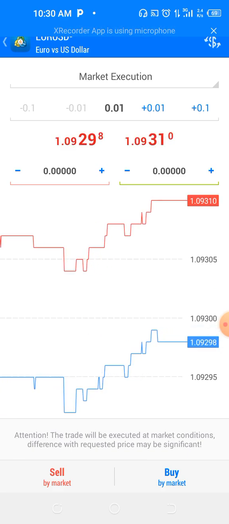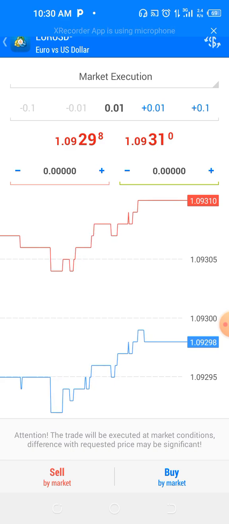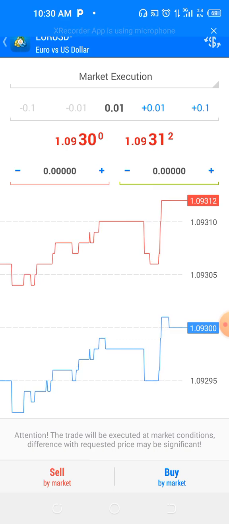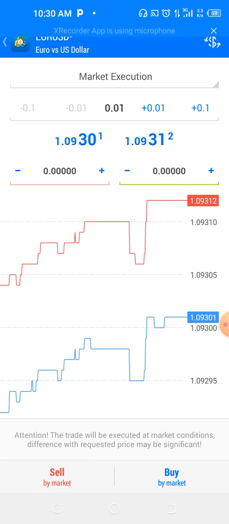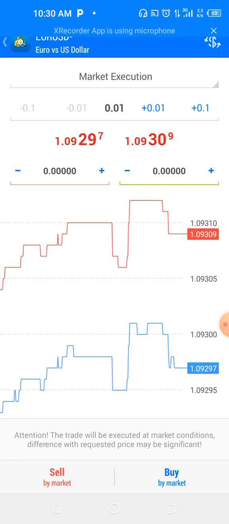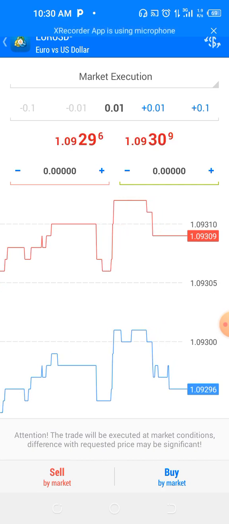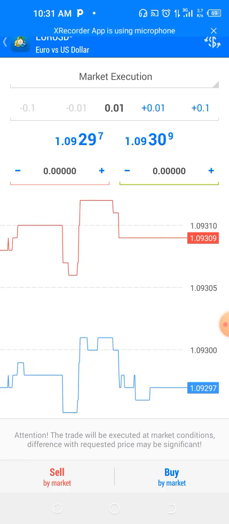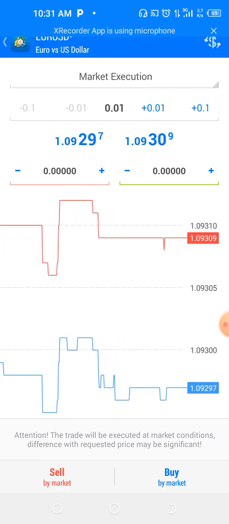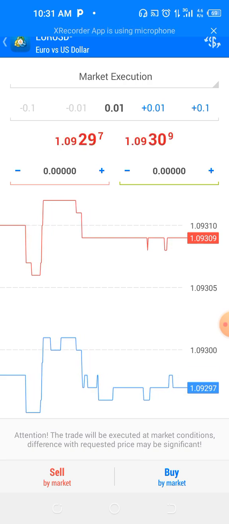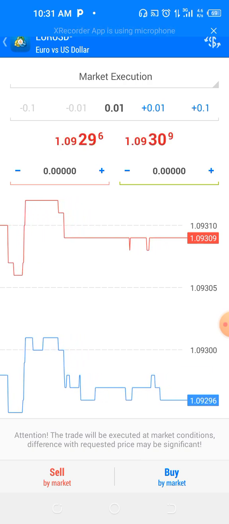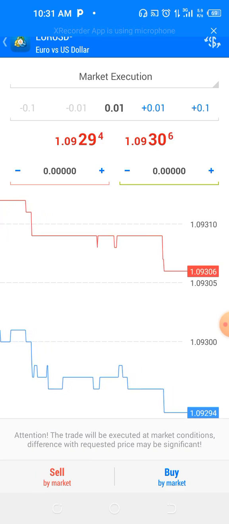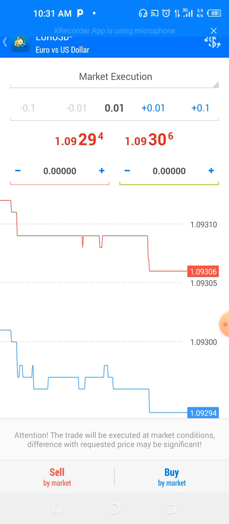One standard lot usually equals 100,000 worth of currency. And you're able to trade in intervals of 1,000 units, but you are not required to invest up to $1,000 to do so because Forex is leveraged.